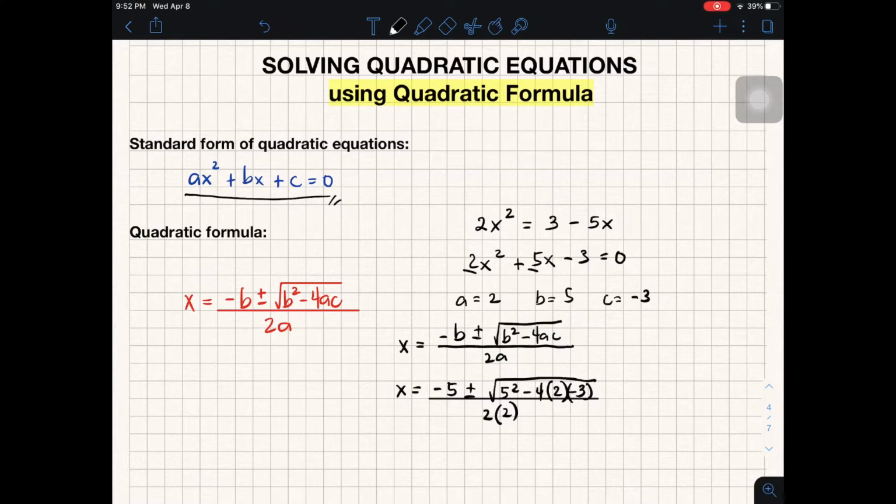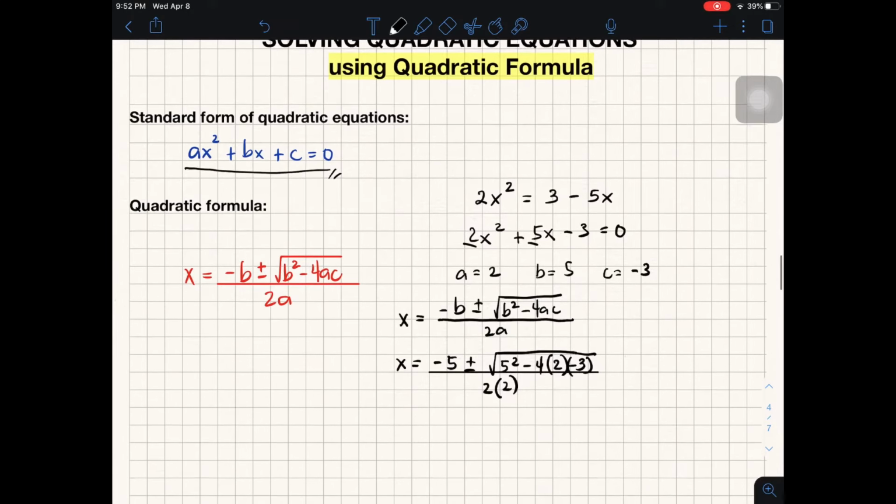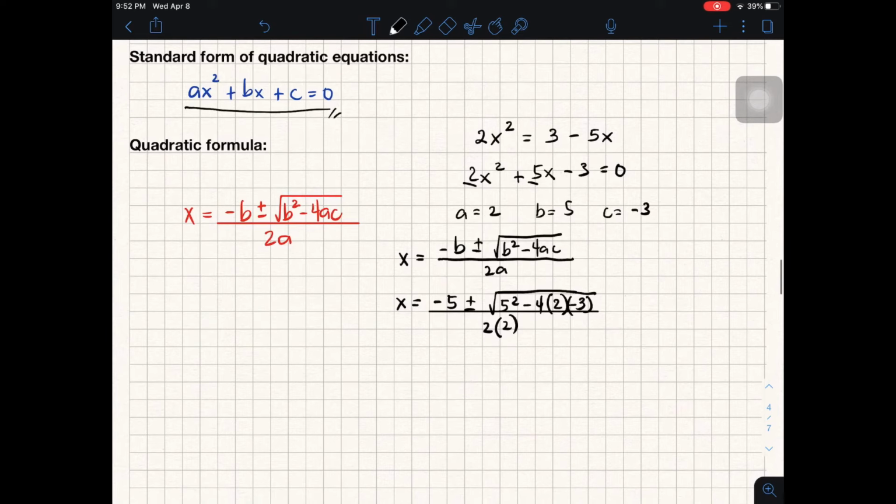And then, ang kailangan natin i-simplify yung radical part at yung denominator. So, continue lang natin. This will become x is equal to negative 5, positive negative, square root of, this is 25, and then we have negative 4 times 2, which is negative 8, times negative 3, that will give you plus 24, over 4.